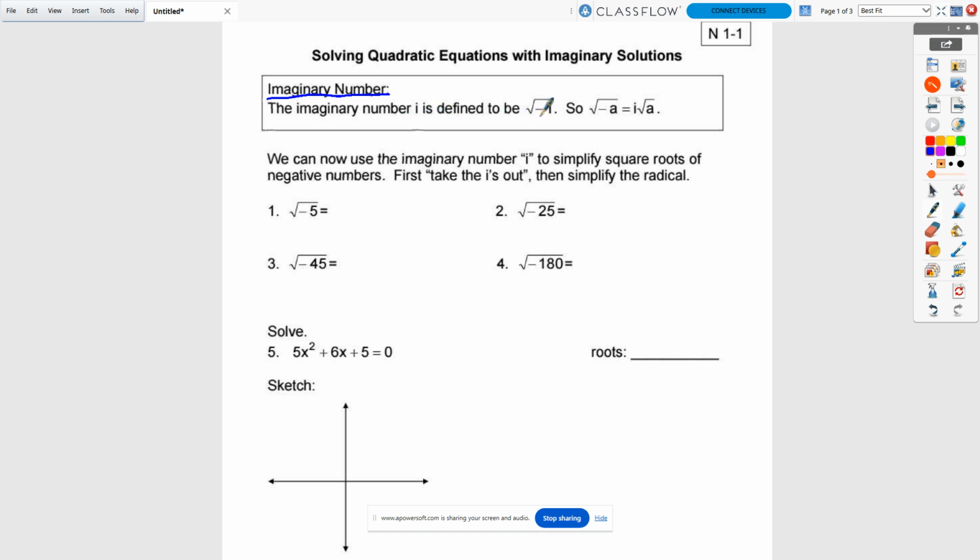square root of -1. And the reason that this is imaginary is because it's impossible to take the square root of a negative number, because of any number that gets multiplied together by itself.